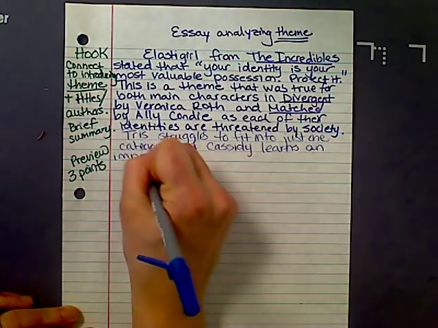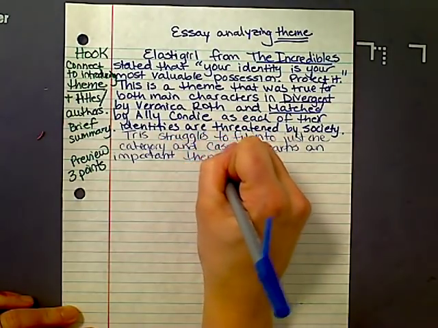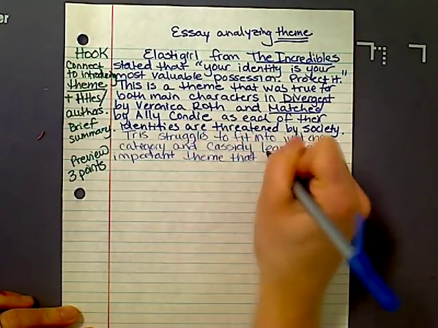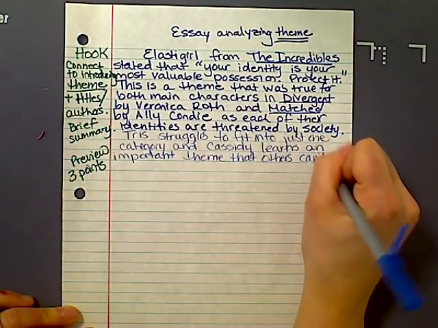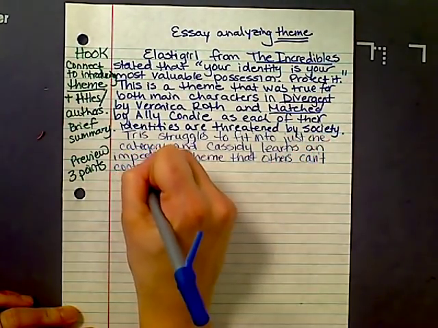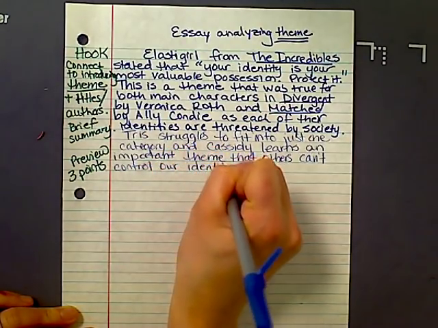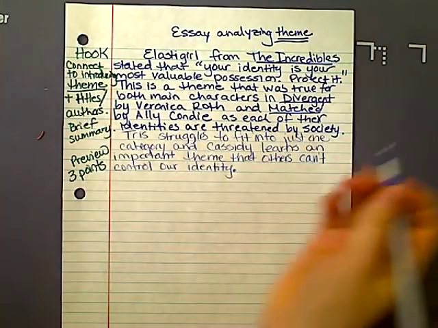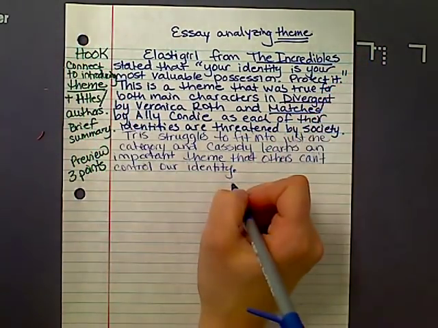Learns an important theme that others can't control. And you know what? I'm going to say identity again. Whenever I can bring it back and connect it to the hook, I might as well. I am slowly starting to become more specific here as I introduce my points.